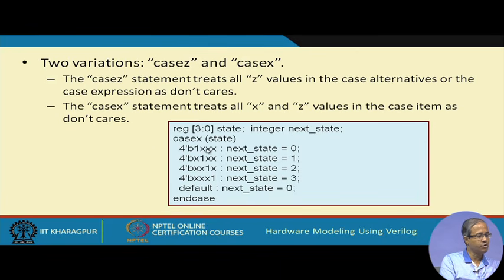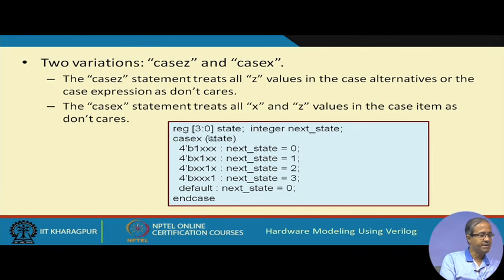I am specifying 1xxx, x1xx, xx1x, and the last one is xxx1. Here I am saying that if the first bit is 1, then you do this. If the second bit is 1, you do this. But if none of these matches, that means none of the bits are 1, then as a default you can say something, here I am saying next state 0.